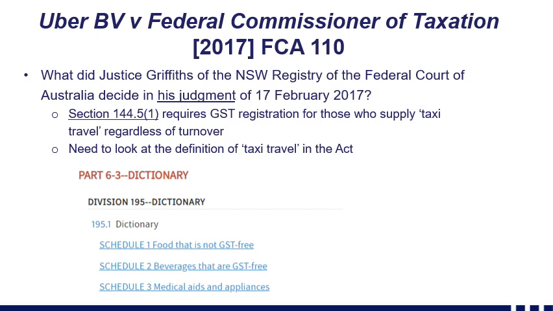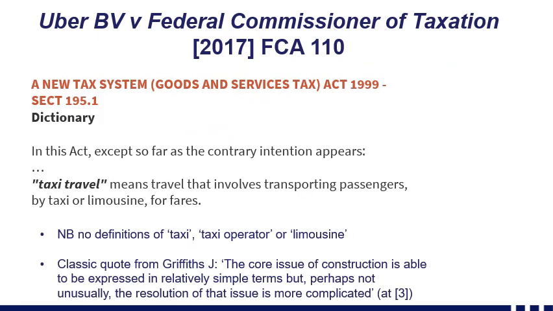Okay, so Part 6.3 of the Act, labelled Dictionary as a heading, and specifically Division 195, Dictionary, contains 3 schedules, sort of listing all sorts of things, or food and goods that are not GST free, beverages, medical aids, and appliances are exempt from GST, but section 195.1 has some of these definitions that we might be interested in.